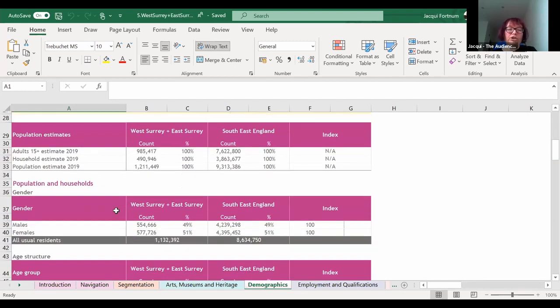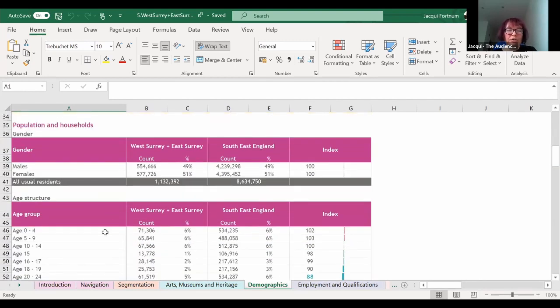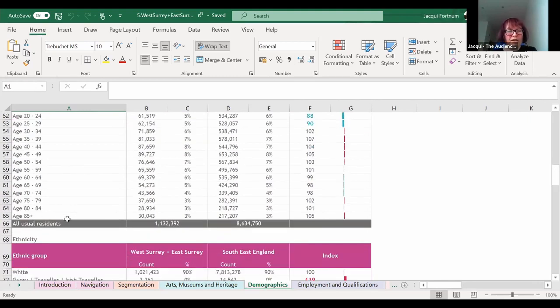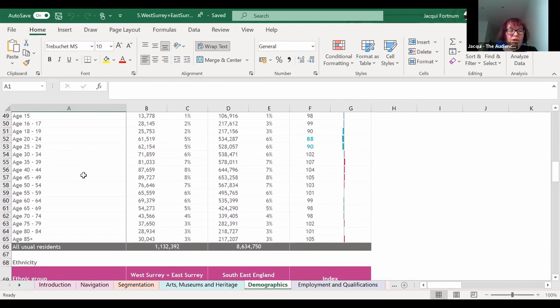So if you were looking to engage a particular community based on age or ethnic background, or perhaps you know that you have a high level of people who are at risk of social isolation, for example, through disability or something like that, you can actually see where those people are and make your approach more targeted.